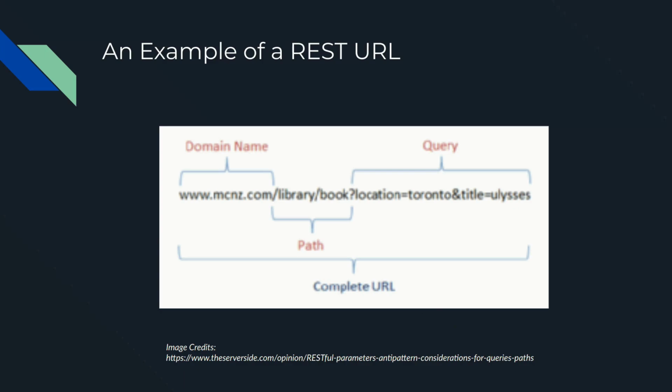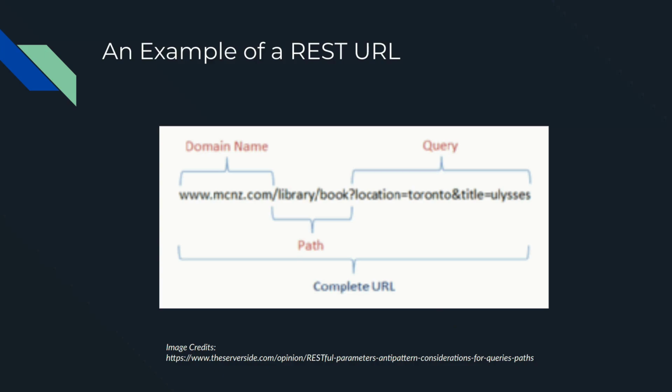And then once the base URL is done, it's followed by a question mark, which is then succeeded by the query parameters. Query parameters are used to pass variables in the REST API, because this is a stateless API, so you have to pass information to get a particular response to what you want. So let's say for Toronto, I want all the books having the title Ulysses.